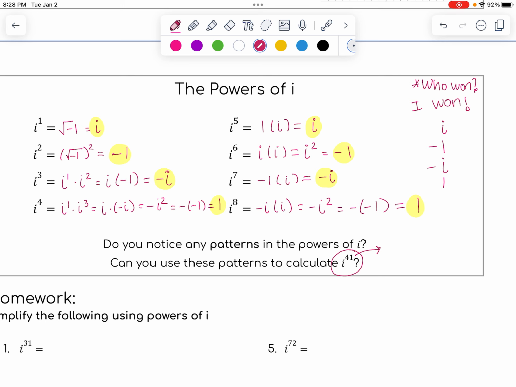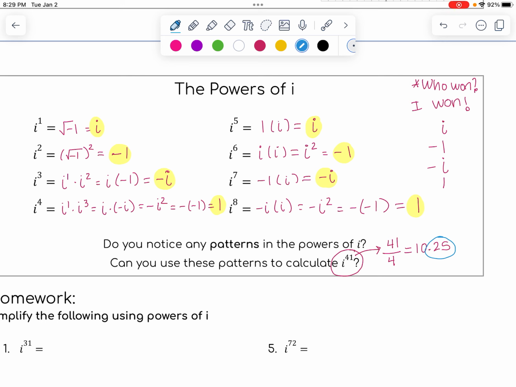And to figure that out, I can just take that power and divide it by 4. So I'm going to do 41 divided by 4, and I get 10.25. And I actually don't care about the 10 at all. All I care about is this 0.25, the remainder. And that remainder tells me where in this pattern I lie.